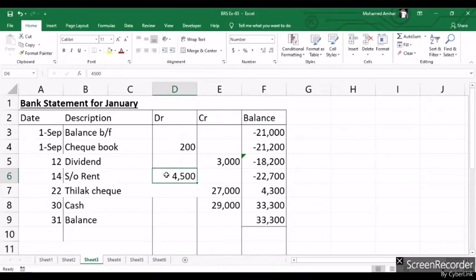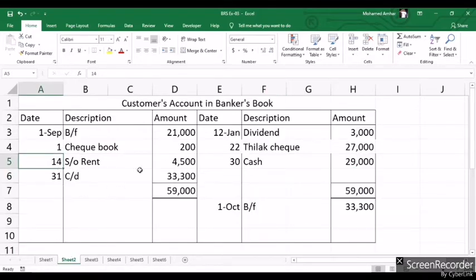If you debit here, the overdraft balance increases further. So now the overdraft balance is 22,700.